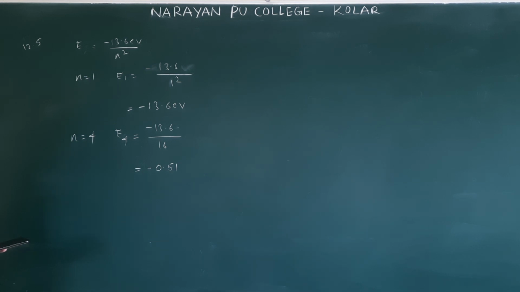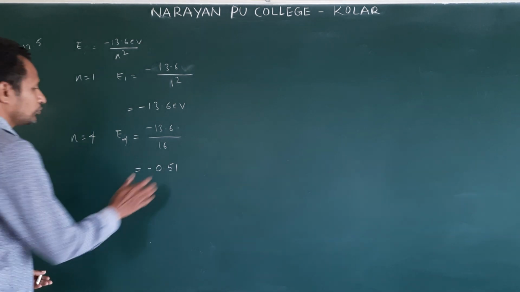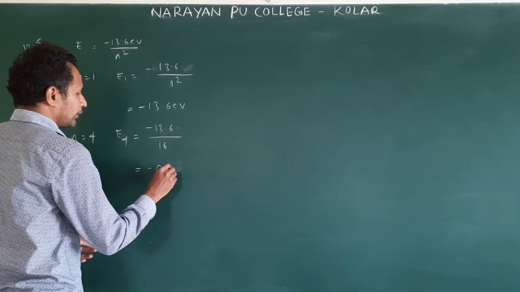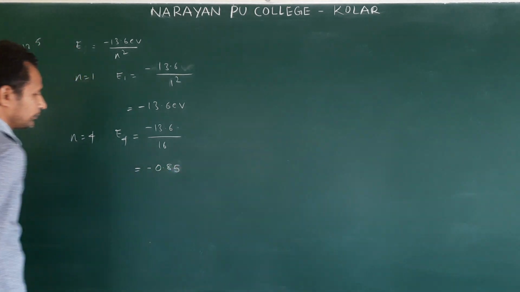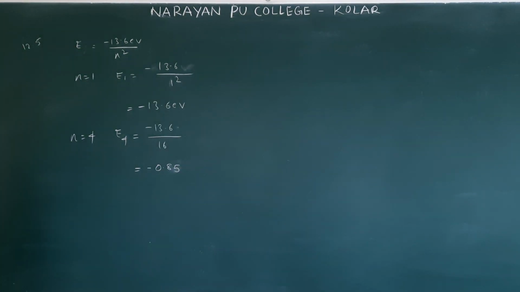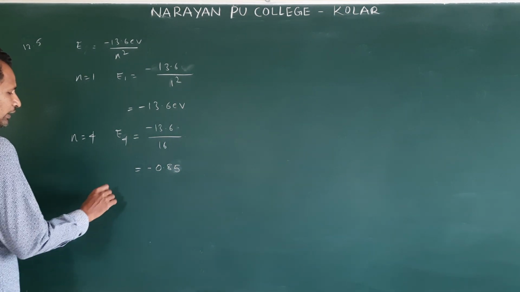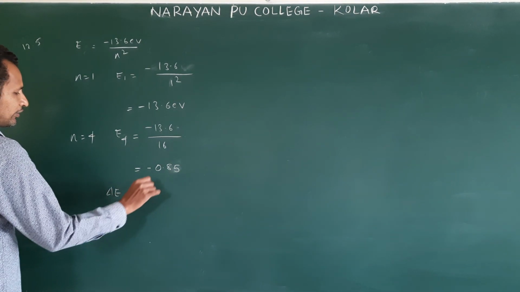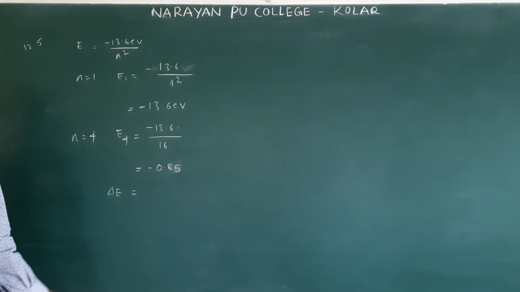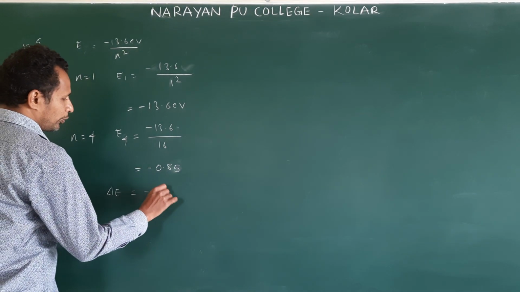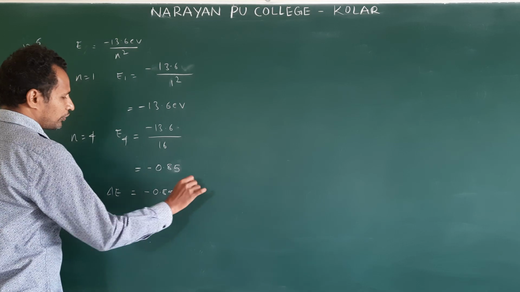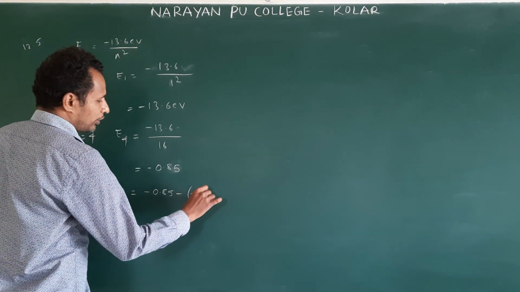13.6 divided by 16 is 0.85. Find out the difference in energies. So delta E is minus 0.85 minus of minus 13.6.